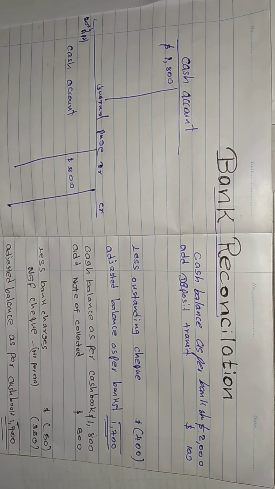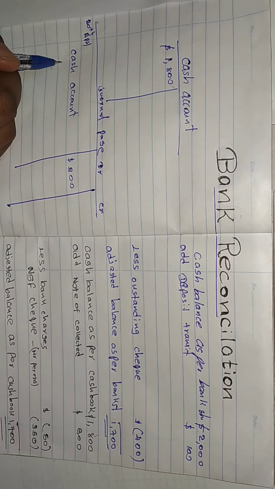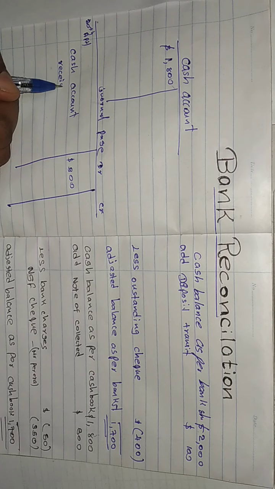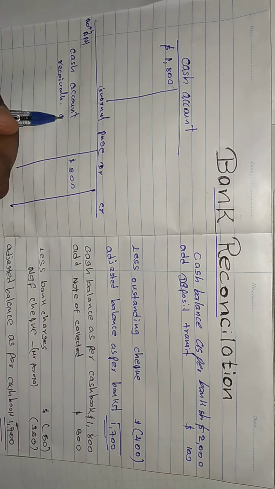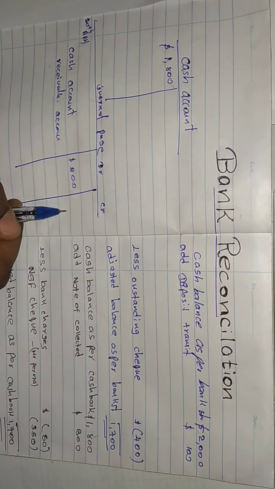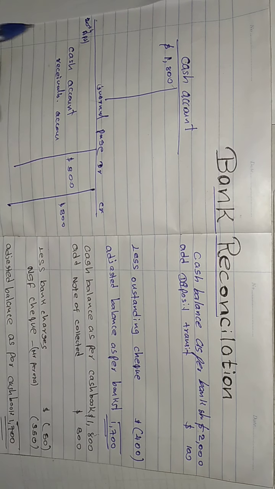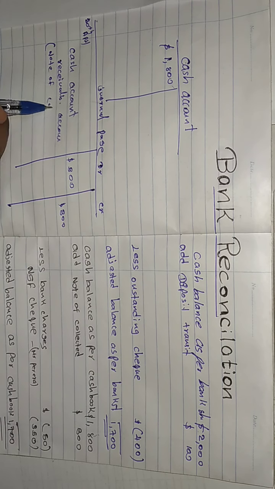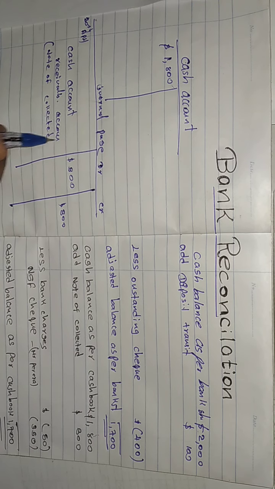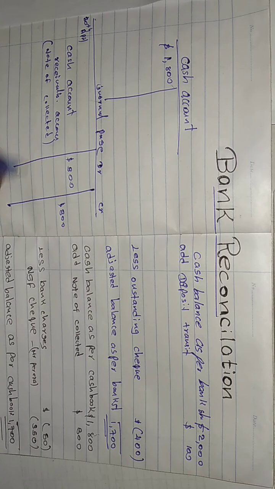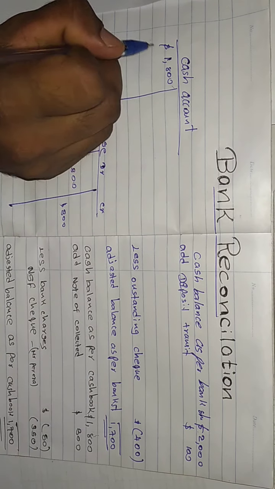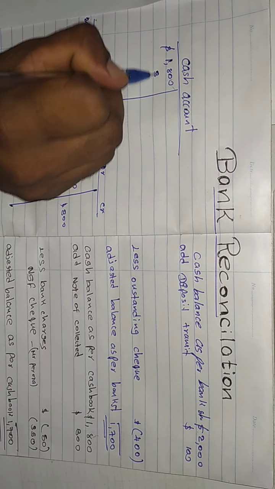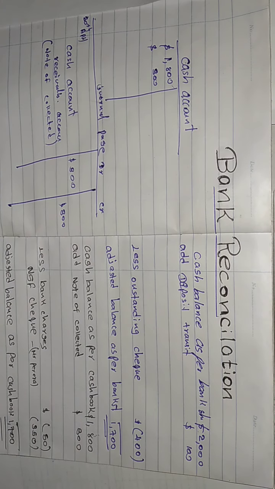We are going to reduce, or credit, the notes receivable account $300. Note collected. Now we have the adjustment for the cash account increase of $300. Done.